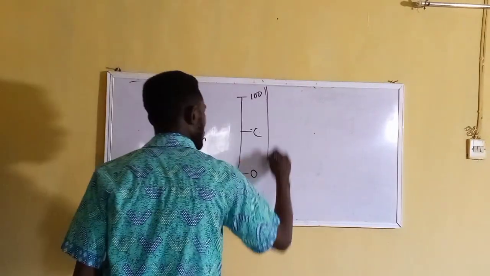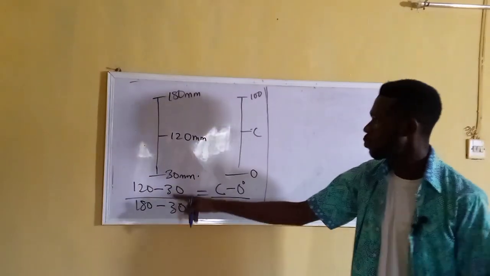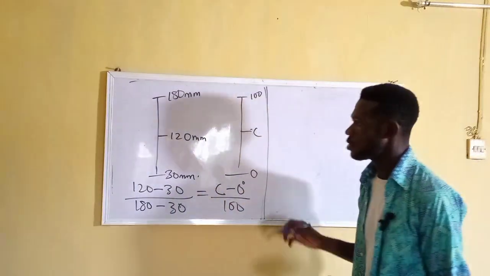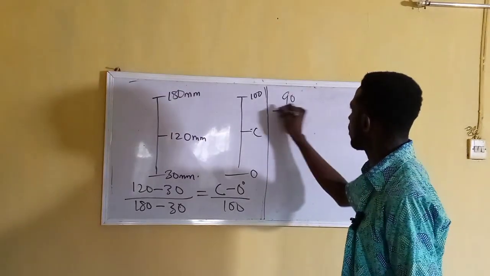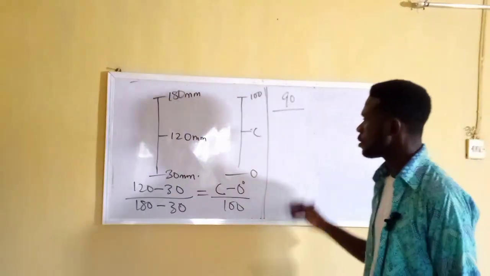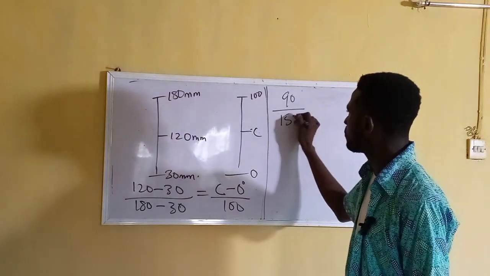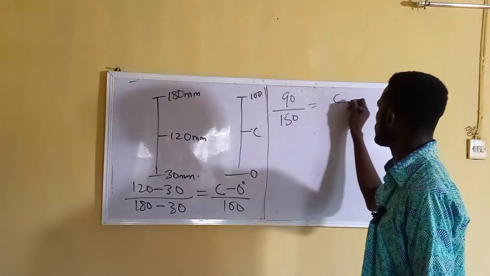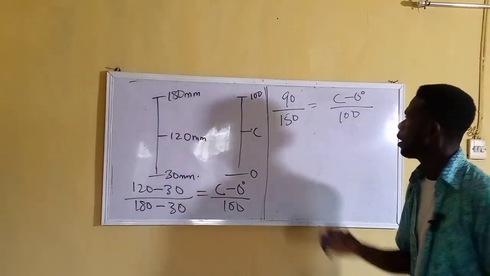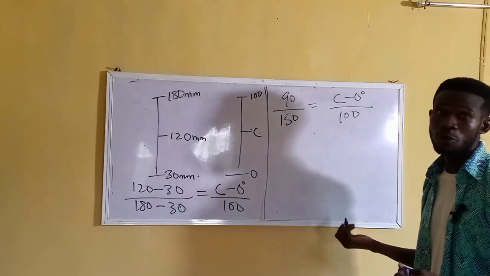Now, if you look at this, 120 minus 30 is going to give you 90 over 180 minus 30, which gives you 150, equals C minus 0 degrees over 100. Now we can cross multiply.